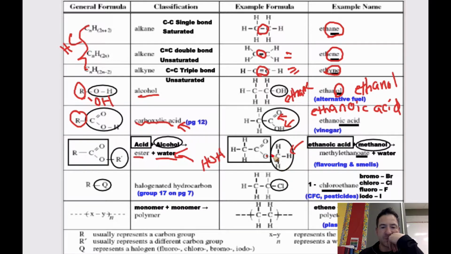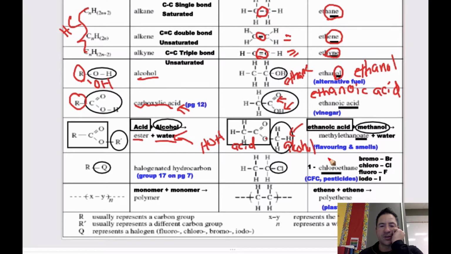So that's your acid, and that's your alcohol. These esters are used for flavoring and smells and things like that, and we'll show you a trick in class that'll help you with that.